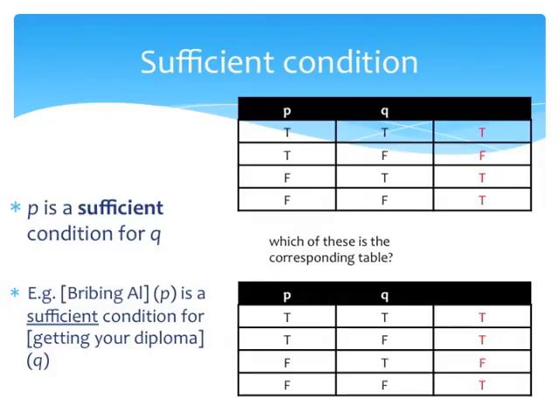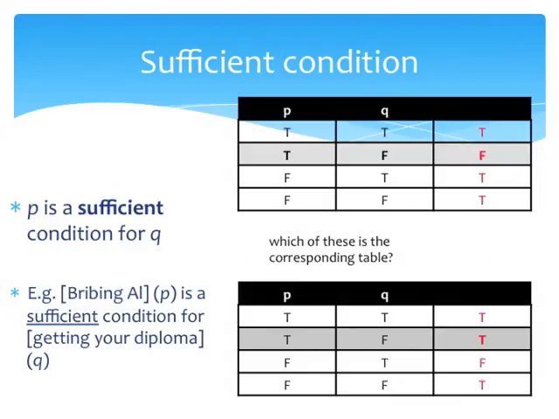So, which of these truth tables corresponds to P is a sufficient condition for Q? To make it more concrete, suppose that P is you bribe Al and Q is you get your diploma. Let's focus on the rows in which we get false. In the first table, it is the second row, and in the second table, it is the third row. Saying that bribing Al is a sufficient condition for getting your diploma is the same as saying that by bribing Al, you automatically get the diploma.